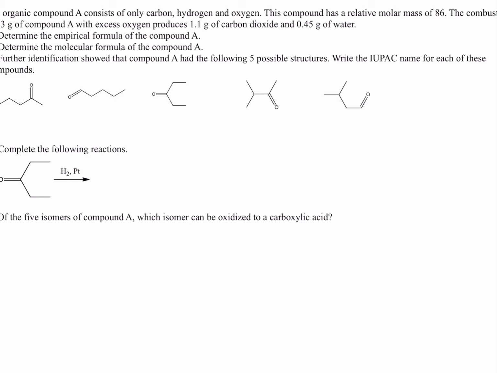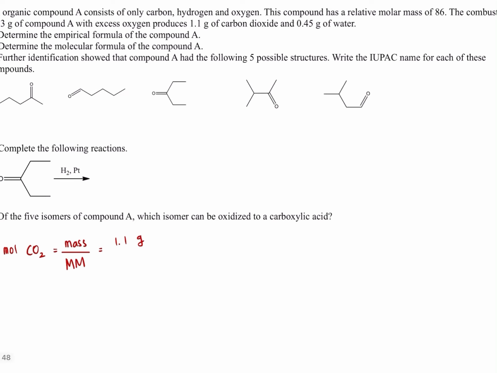So here we have 1.1 gram of carbon dioxide. If we want to calculate the mole of CO2, this is calculated by the mass over molar mass. So this is 1.1 gram divided by the molar mass of carbon dioxide, which is 44 gram per mole.